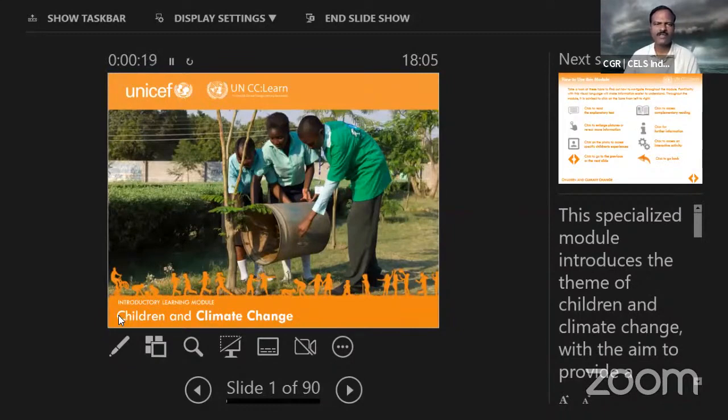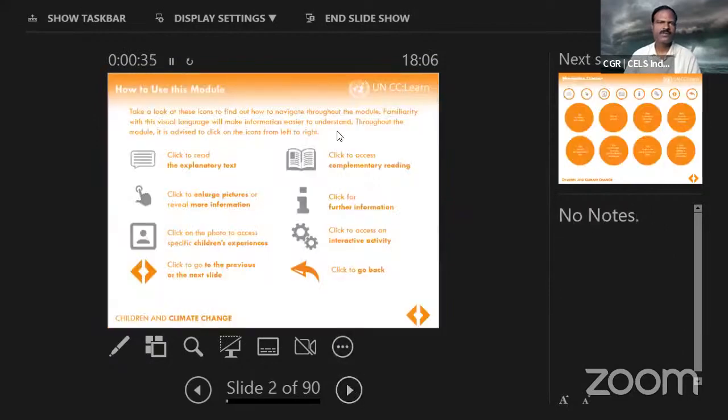So this children and climate change I opened in the PPT format. As I said, we have three formats: PDF format, and the interactive learning format, that is the web-based interactive learning. But I felt PPT is very convenient, especially to present this course to you. Here you can see these symbols given on how to access this material.